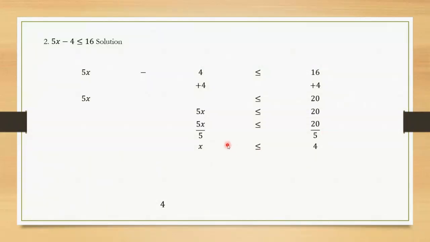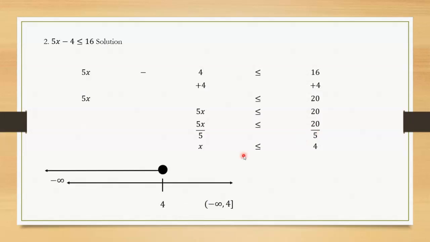You only flip it if you multiply or divide by a negative number. But here we're dividing by a positive. And so our answer is x less than or equal to 4.